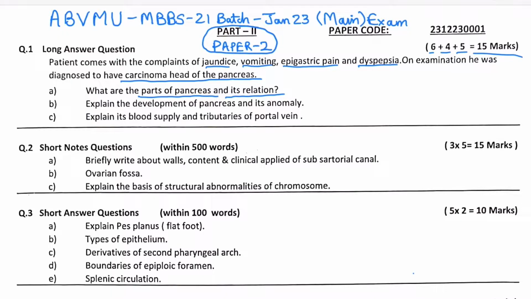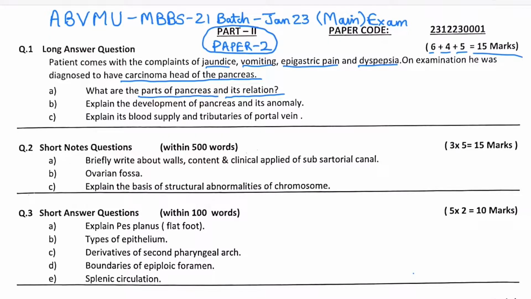So in the beginning, you can describe the pancreas as a whole, where it's located, what its shape and size are. Remember, it's a J-shaped organ with its longitudinal axis around 15 to 20 centimeters, and its left end is a little elevated compared to its right end. Means the head is lower than its tail end.